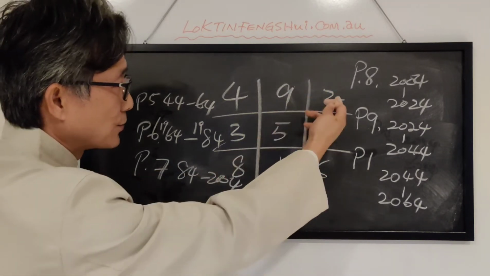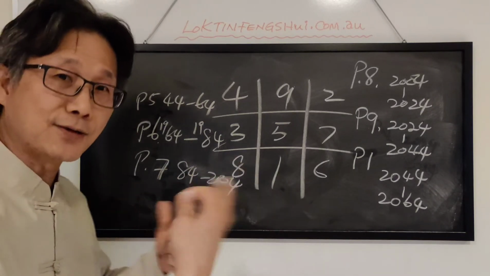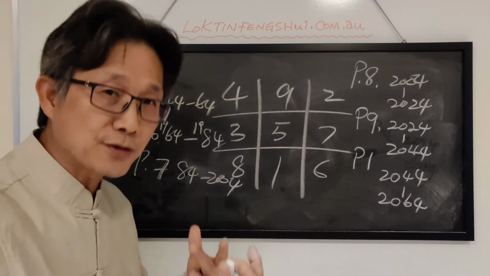Because 8 and 2 become 10, so the 10 configuration comes from here. Also very important in Feng Shui.